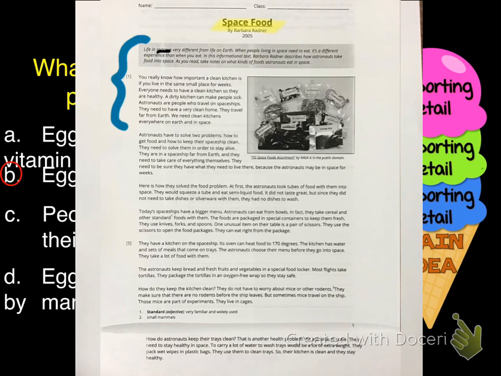When people living in space need to eat, there's space again, it's a different experience than when you eat. In this informational text, Barbara Rodner describes how astronauts take food into space. There's food and space. As you read, take notes on what kind of foods astronauts eat in space.